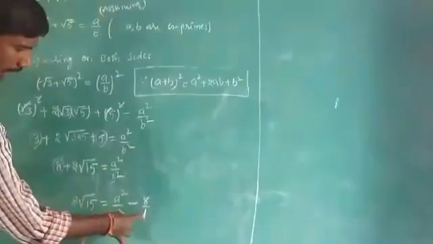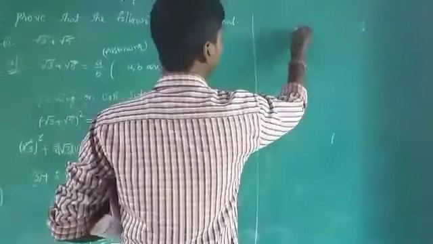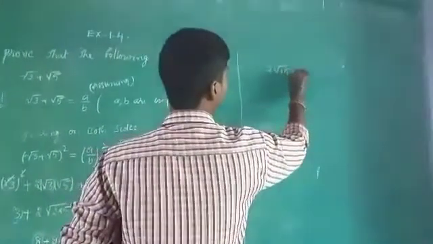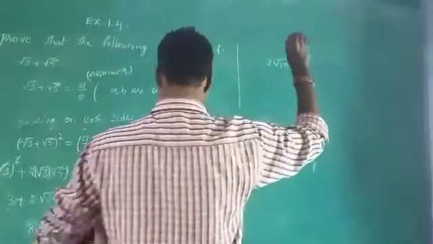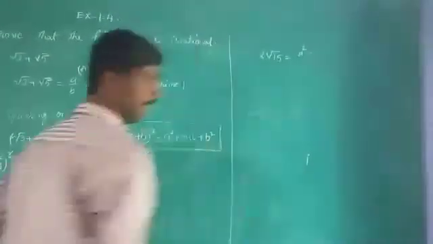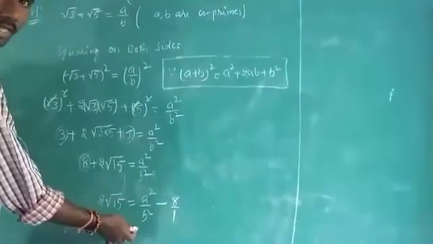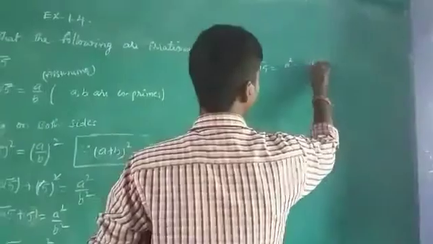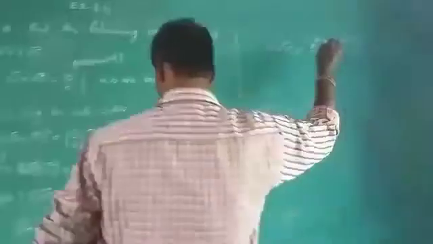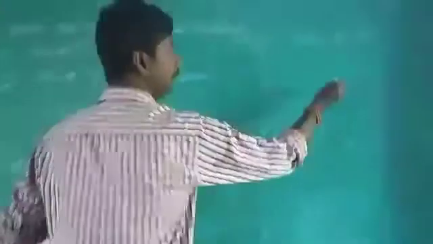A square into 1 is a square. So what you write here is 2 root 15 = a^2 into 1, minus 8 into b^2, which is 8b^2 over b^2 into 1.